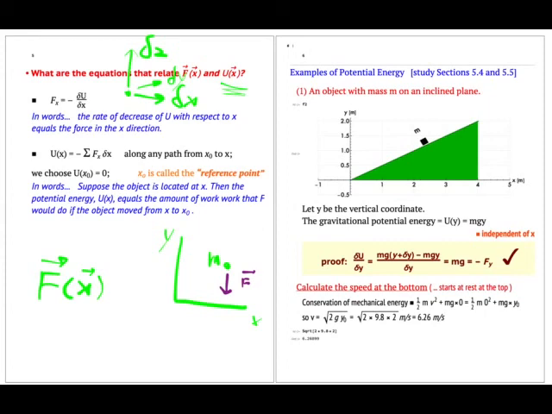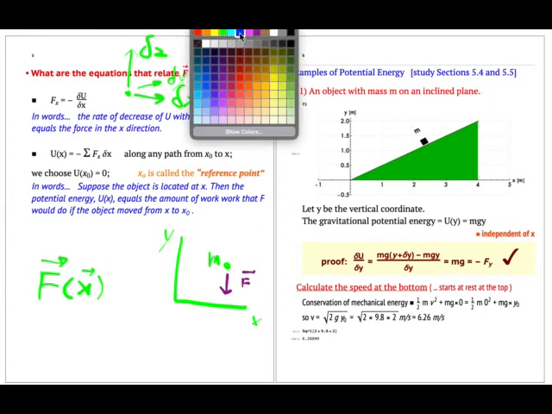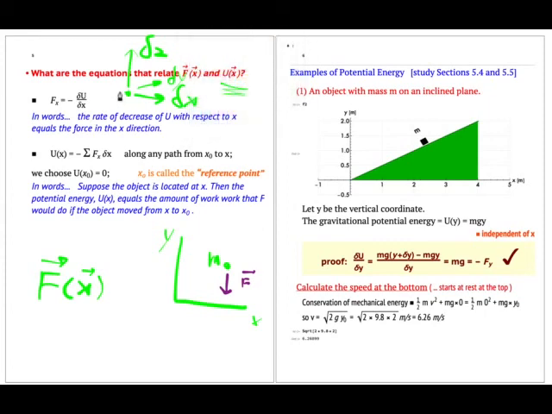So let me put the force in red. Maybe the force is this way. Well, there'll be an x component of the force, there'll be a y component of the force, there'll be a z component of the force.